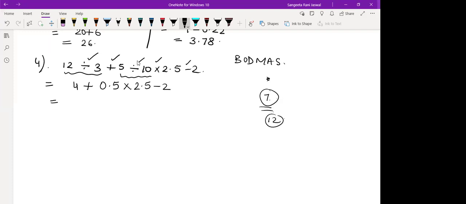Ma'am, the answer is 1.25. Okay, so you will multiply this. So this is 1.25. Okay, good. Then like this. Now what will you do? Hurry up, Adya. Tell me what will you do first now? Add or subtract?